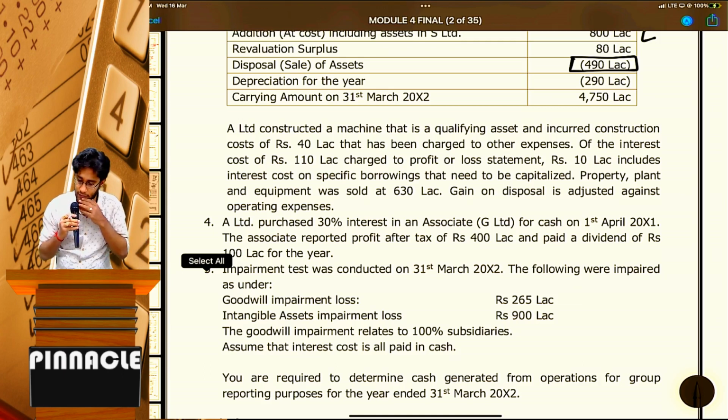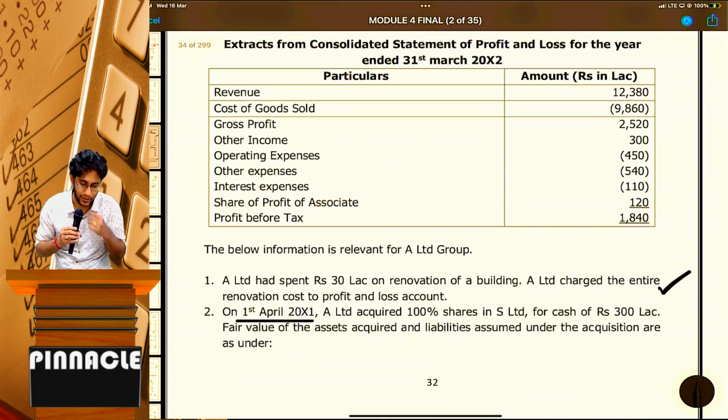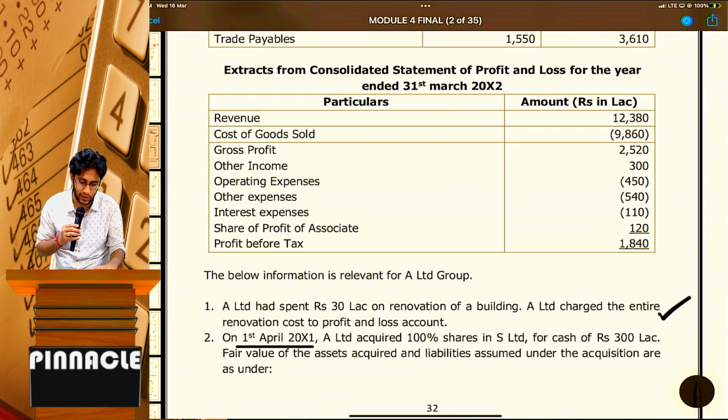Why is he giving the associate's profit? You apply the equity method. When you apply the equity method, your share of the associate's profit will be copied into your P&L. Go and open that fellow's P&L. Did he record 120? Go and check there. 120 is an asset, but will you get any cash? You won't get any cash. While doing cash flow from operating activities, 120 you have to remove.